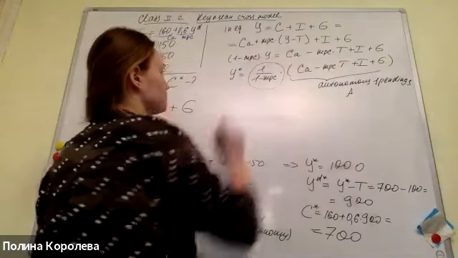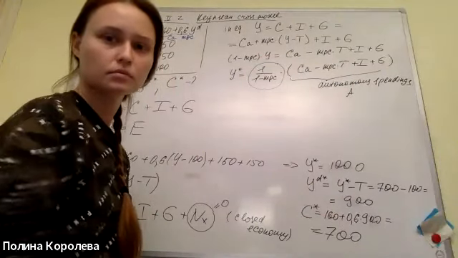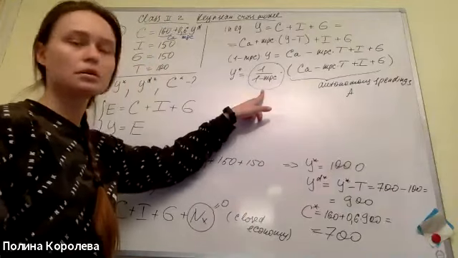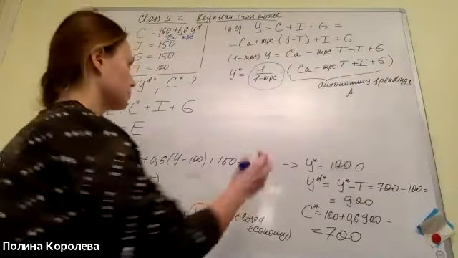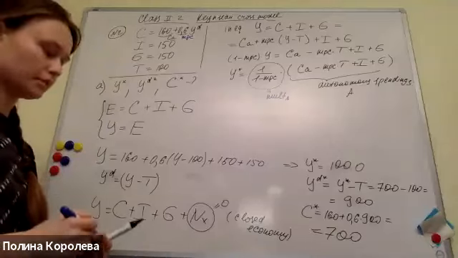What do we call this multiplier? Please answer. Autonomous spending multiplier. Yes, exactly. So this is the autonomous spending multiplier.